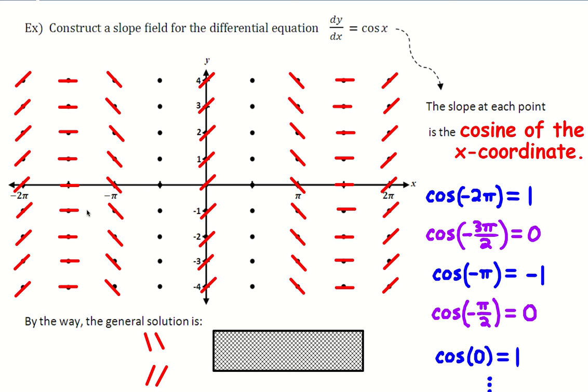Yeah, there's more zeros, right? Sorry, I feel like I need to double check this in my head. So cosine of 0 would be 1, positive 1, and then at pi over 2 it'd be 0.